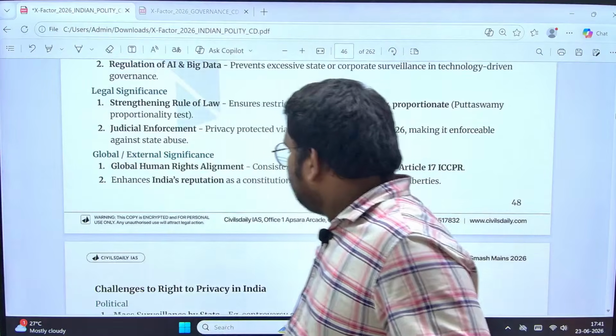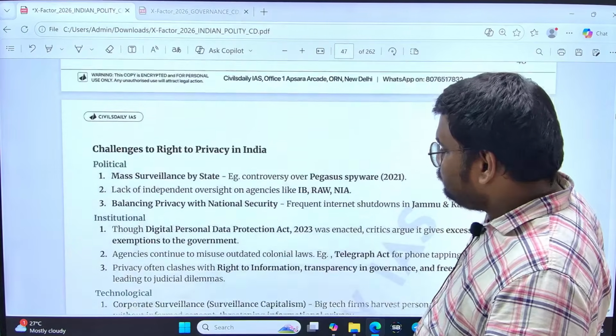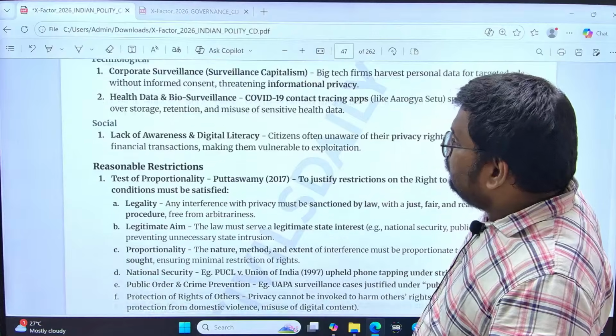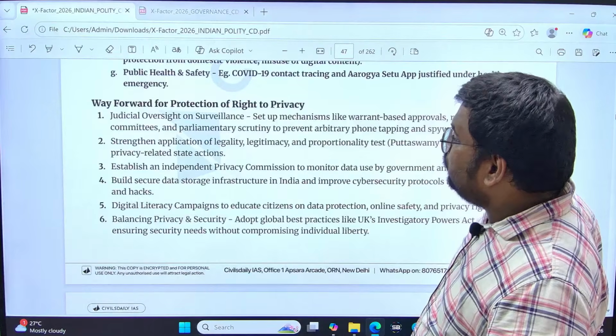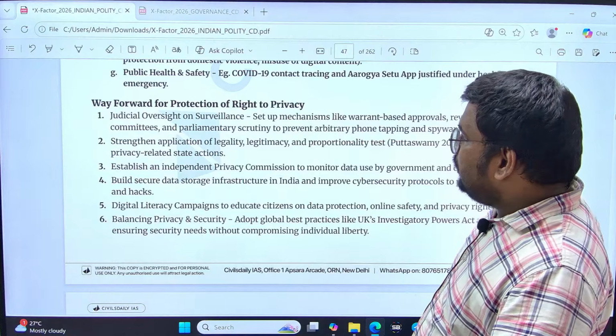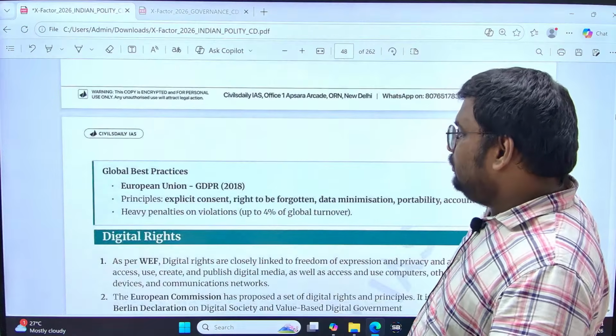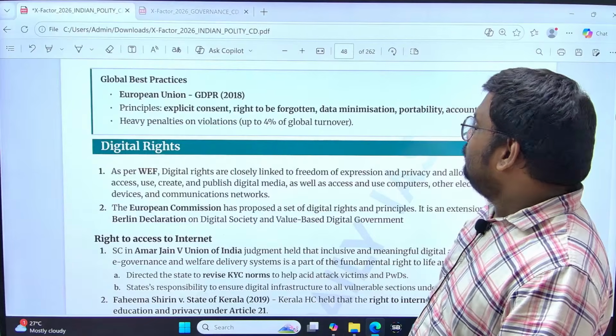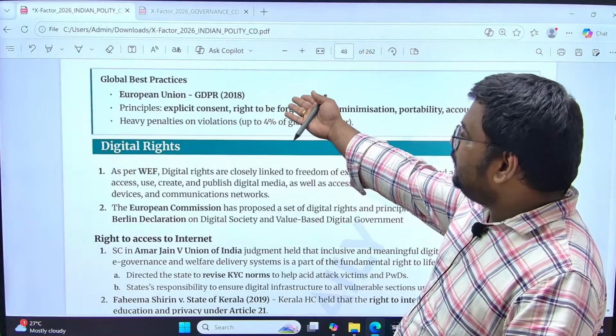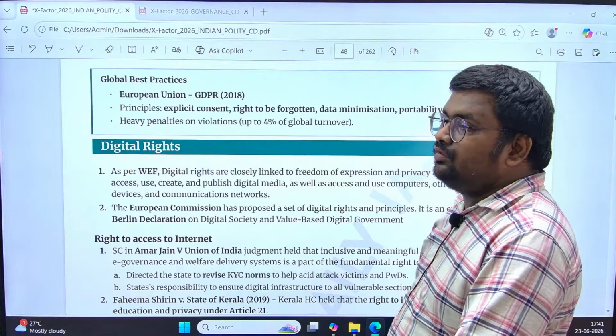And same with challenges, right? This, and these are the reasonable restrictions put, and then way forward. Okay, this and global best practices. Okay, so EU GDPR and the specific provisions of it.